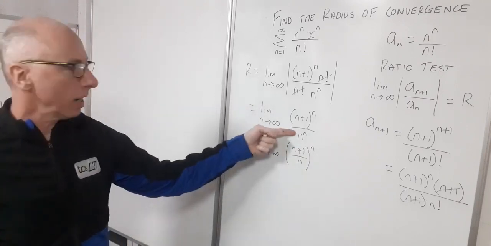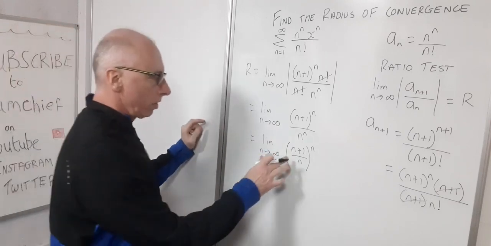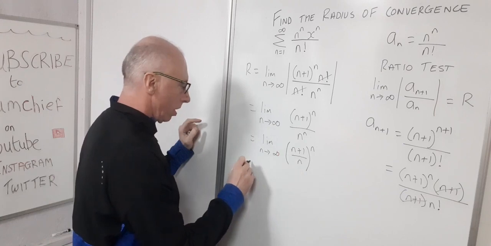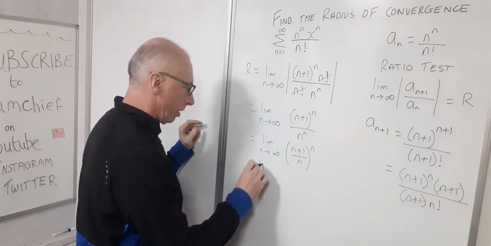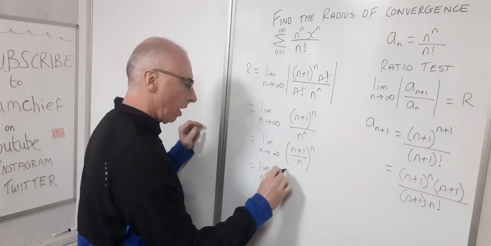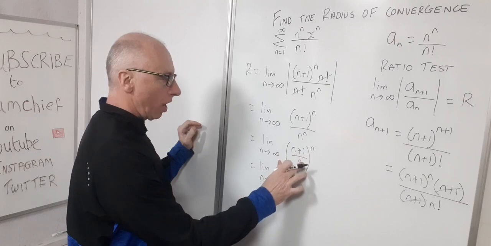So that is now the same term. Now we can break this down by dividing the top and bottom by n on both terms. So now we've got the limit as n approaches infinity of n over n is 1, and then 1 over n.